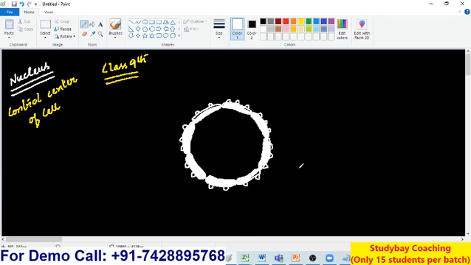All right. Now this is the membrane as well. You can call this the outer membrane and inner membrane.